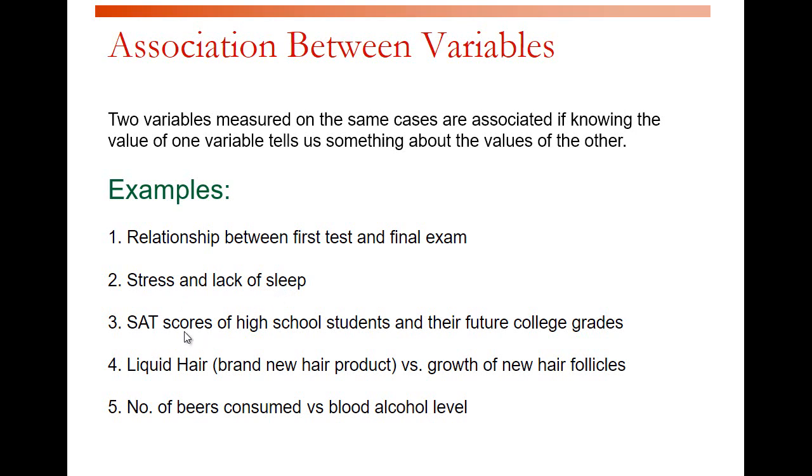In the third example, the SAT scores would be the explanatory variable, and the future college grades would be the response variable. And the number of beers would be the explanatory variable, and the blood alcohol level would be the response variable.